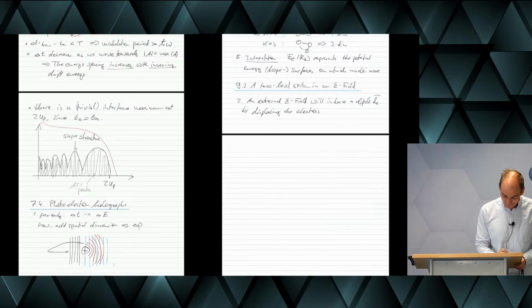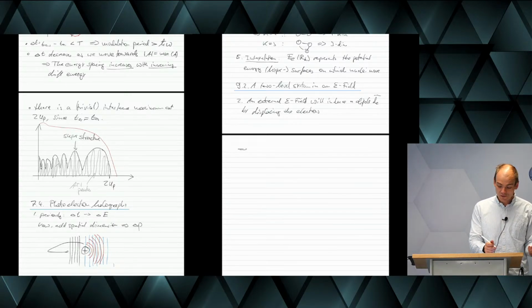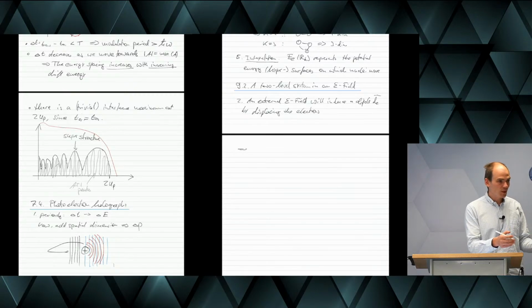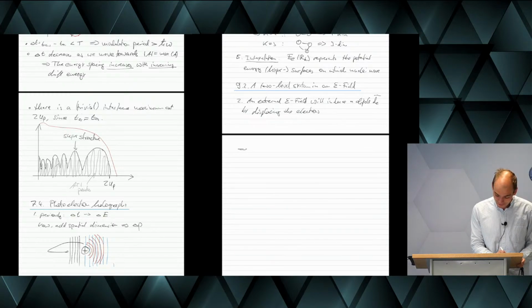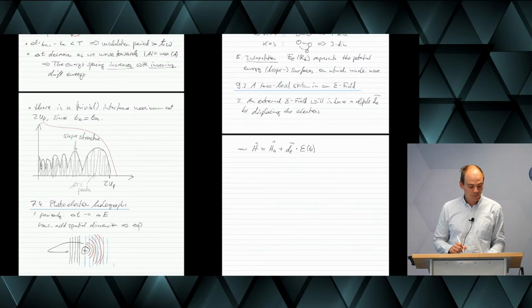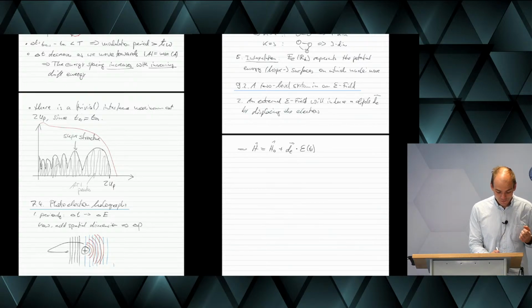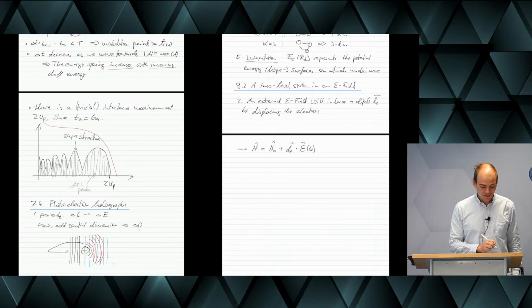And so this gives rise to the following Hamiltonian. Of course, now we need the time-dependent Schrödinger equation because we apply a time-dependent electric field, and then we can write the Hamiltonian as the field-free Hamiltonian plus this dipole interaction, which is simply the scalar product of the dipole times the external electric field.